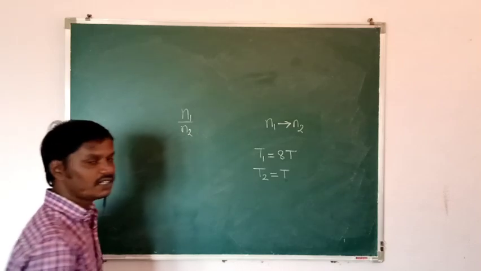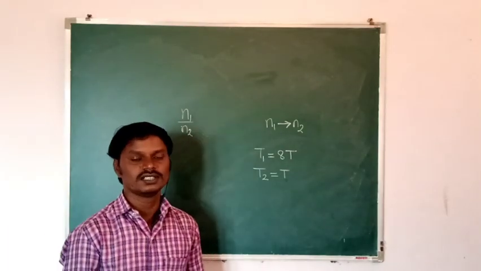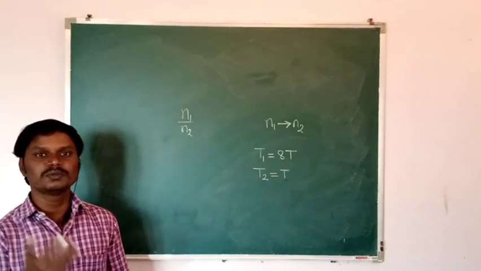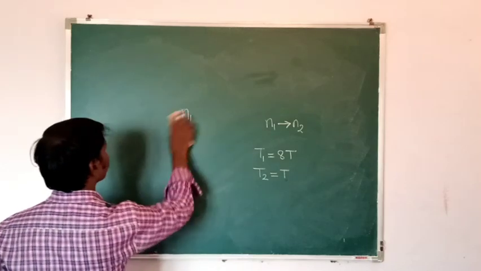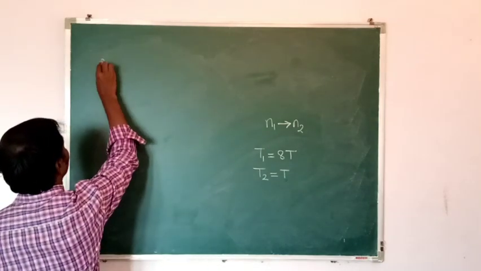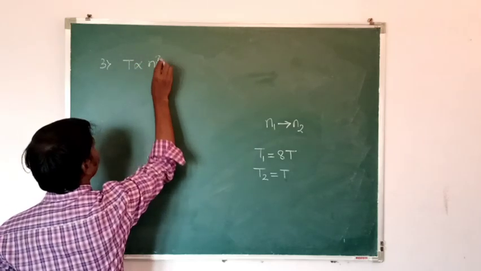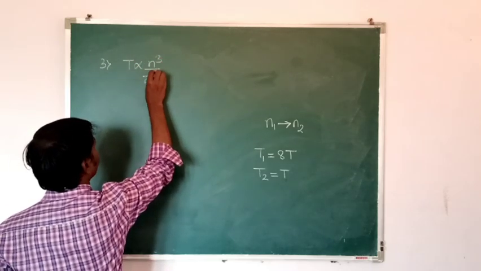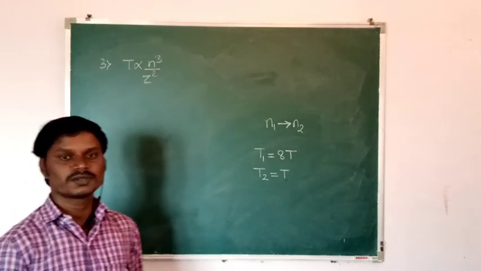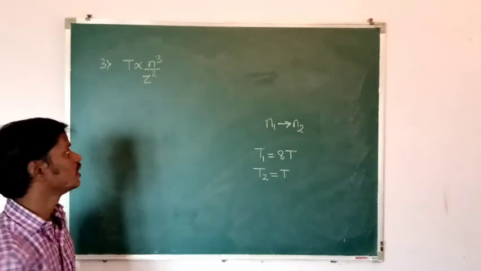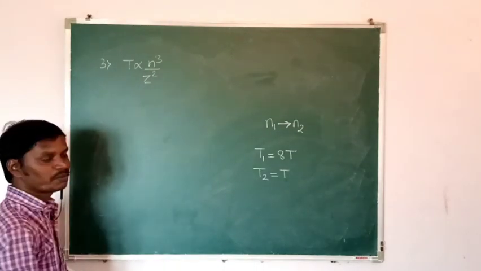Already we know how the time period is related to the principal quantum number. That is directly proportional to the cube of the principal quantum number. The time period is directly proportional to the cube of the principal quantum number and inversely proportional to the square of the atomic number, or the number of protons present in the nucleus of the atom. Then T is directly proportional to n cube and inversely proportional to Z square.